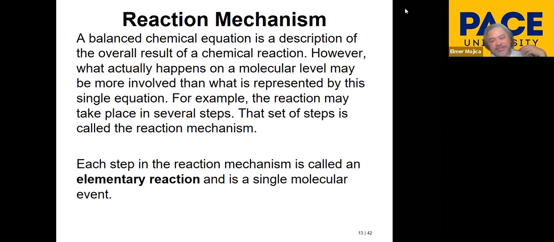But it does not tell us any story on how that equation came into being. The balanced chemical equation just tells us, this is your reactants, this is your products.